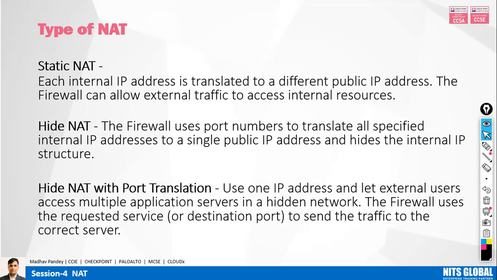Just like the very first type of NAT is static NAT. What you do in static NAT is similar to Cisco routers or firewalls as well. Each internal IP address is translated to a different public IP address. Now the firewall can allow external traffic to access internal resources as well.